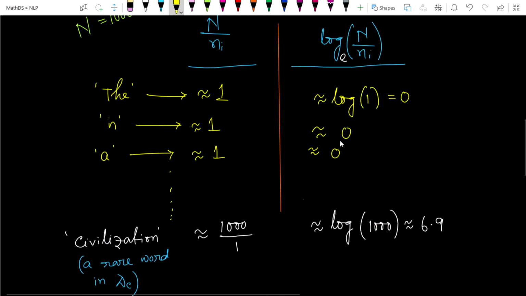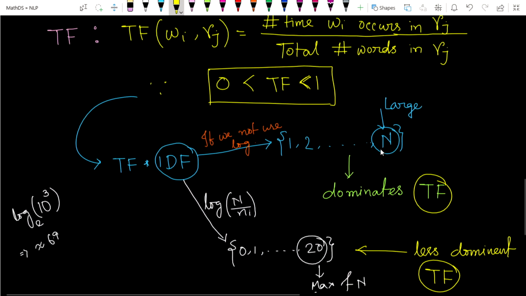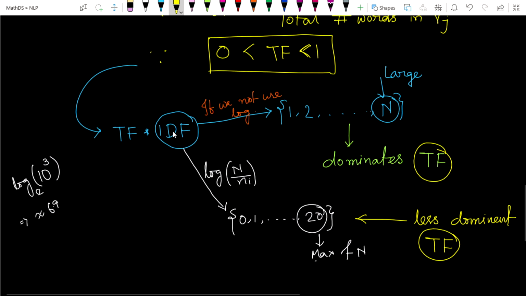If we have not used this log, the large value of the IDF dominates the small value of the TF. To somehow squeeze and normalize this IDF value, we use the log formula.